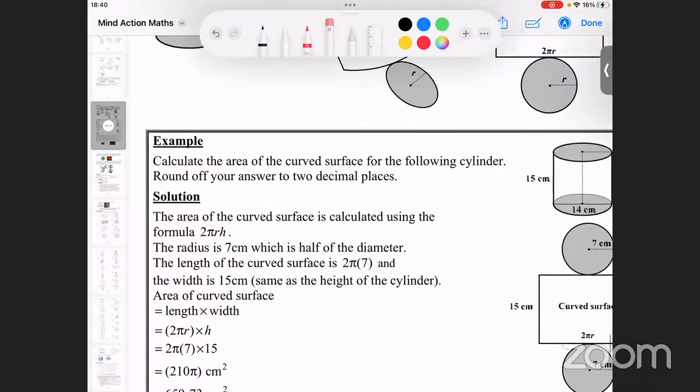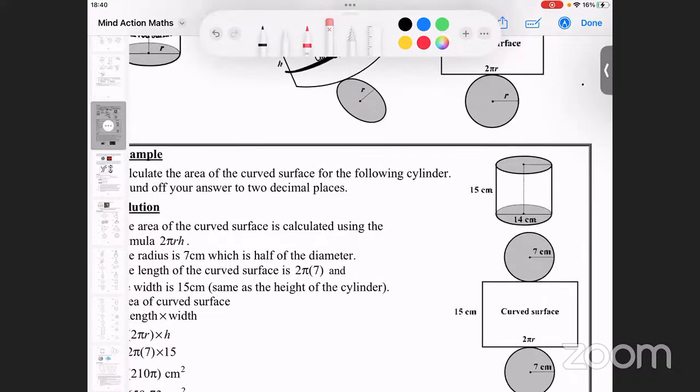Now, when you calculate the area, the formula is given there: 2 pi r h. The area of the curved surface is calculated using that formula. The radius is going to be half of the diameter, and 14 is the diameter.